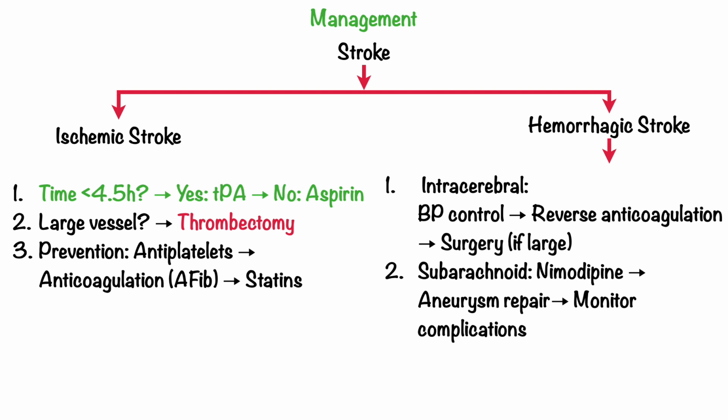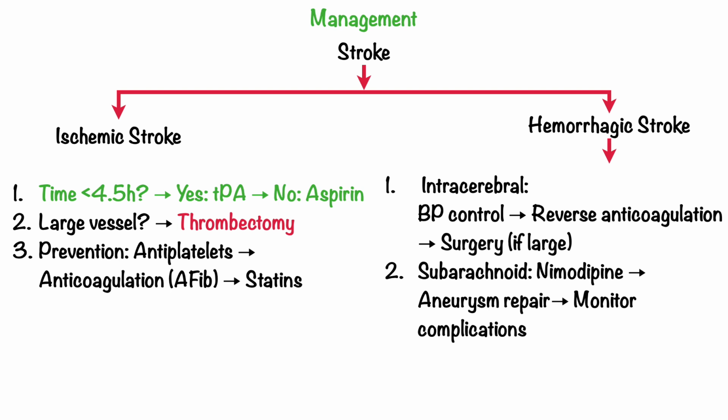If it is a large vessel, then you have to do a thrombectomy. Prevention of recurrent stroke is done by antiplatelets like clopidogrel, anticoagulation for AFib, and also statins, right? Statins reduce the lipid profile of the body, so that will lead to decreased atherosclerotic plaque formation.